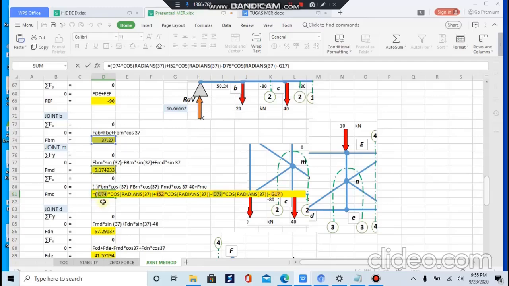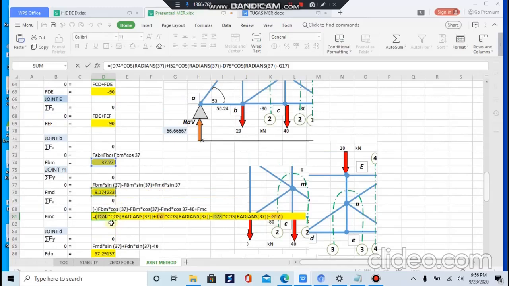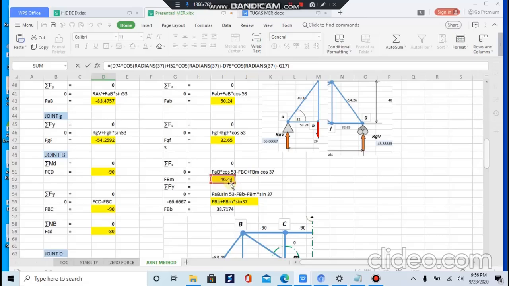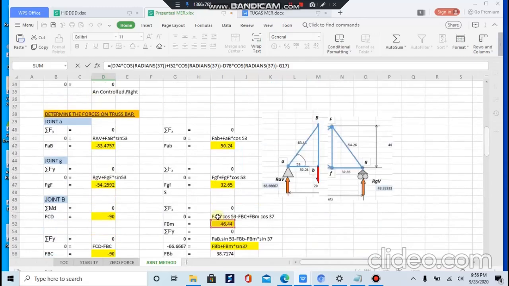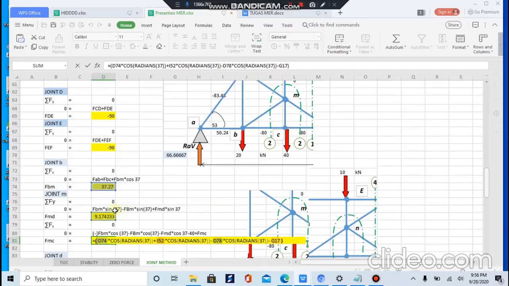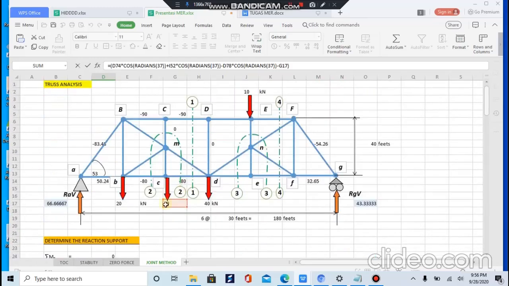Here, as you can see, FMD times cos 37 plus 46.44 FBM cos 37 minus 37.27 FBM times cos 37, and minus this external load.